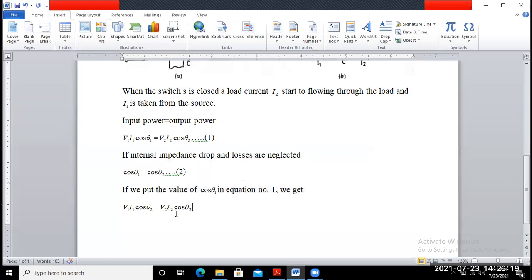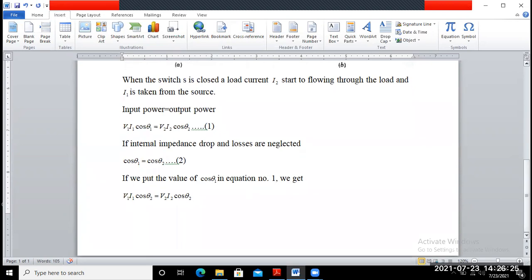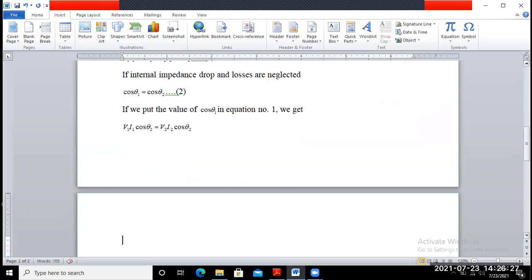That means this cos theta 2 and cos theta 2 is cancelled from the left side and right side. So we can write V1 I1 equal to V2 I2.